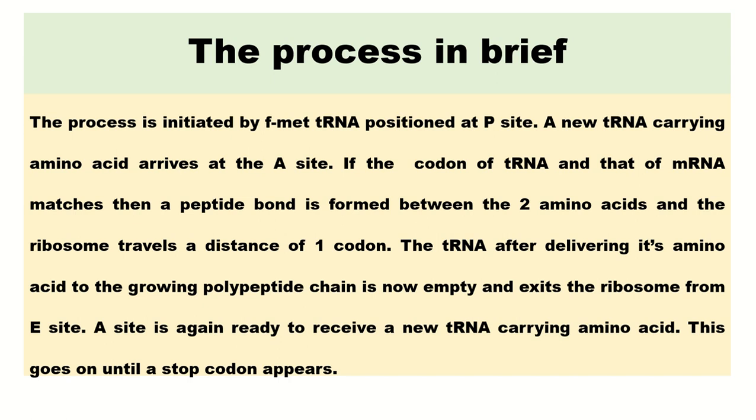A site is again ready to receive a new tRNA carrying amino acid. So this is how the process goes on until it encounters a stop codon. So when a stop codon appears, this brings about the termination of polypeptide chain synthesis. So translation comes to an end when a stop codon appears.